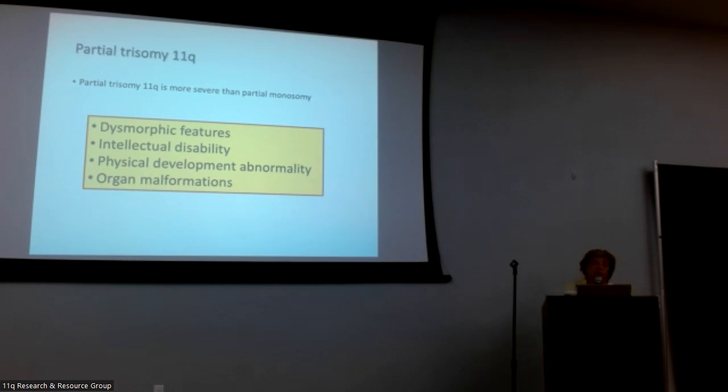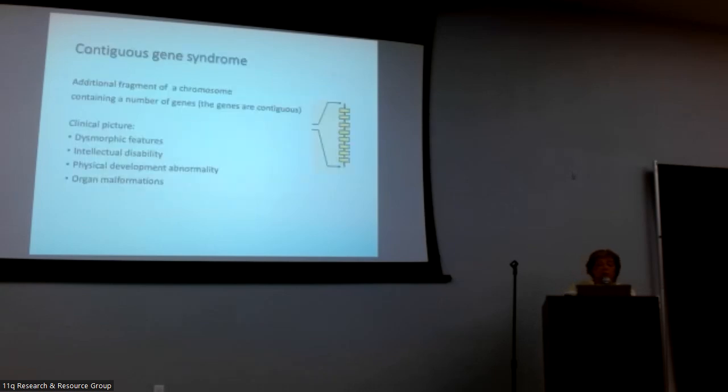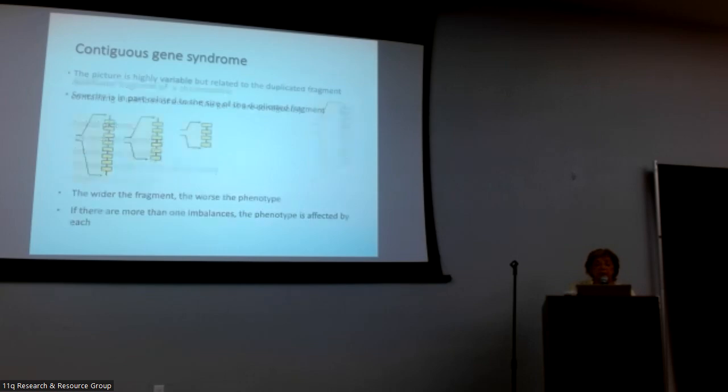The clinical features are always the same kinds of abnormality, but they are specific to the region involved. It's a contiguous gene syndrome, a duplication, and the wider the duplication, the more severe the phenotype, although there is some variability from one case to the other.